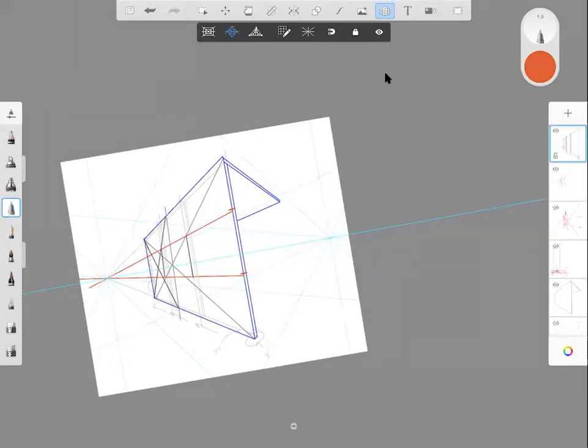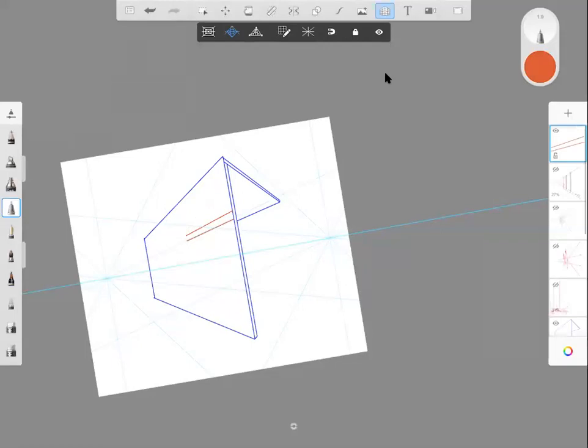We can say, well, then does it then look like this? Right? Because you said that this was in thirds.